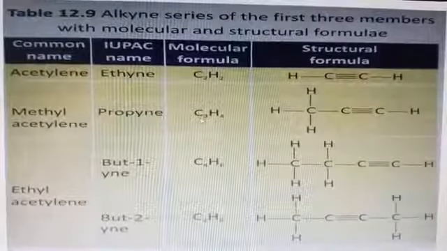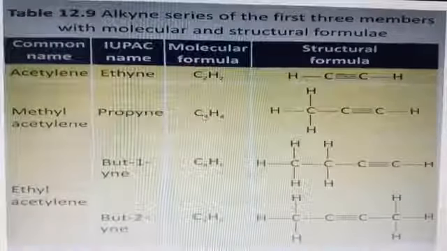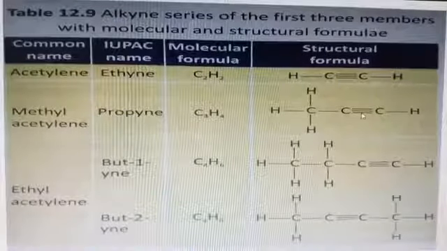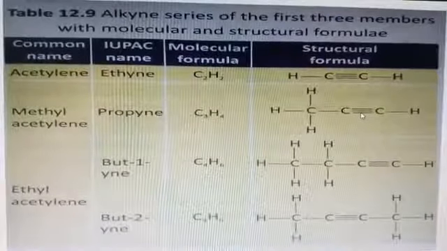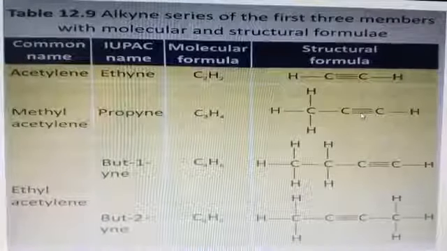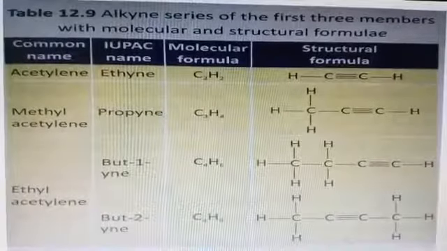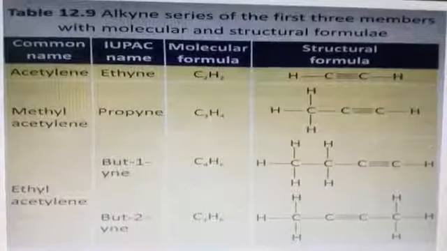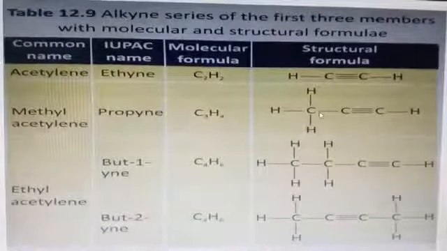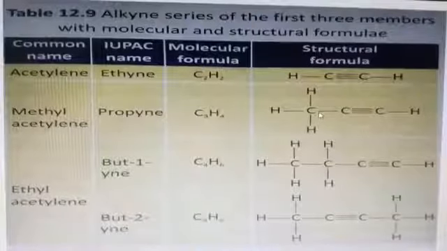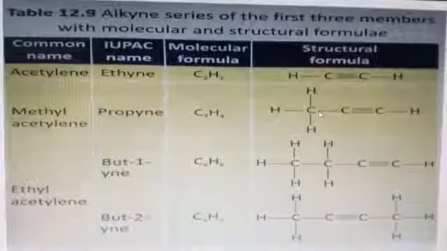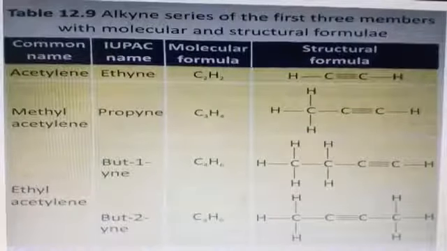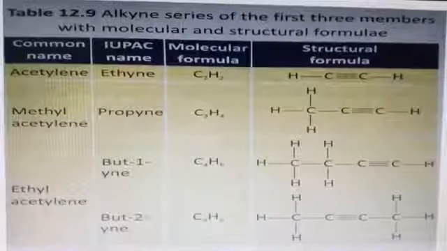If you go with C1, 2, 3, there is at least one triple bond. It doesn't mean that there has to be a triple bond between each and every carbon atom. No, it is not possible. At least there should be a triple bond between 2 carbon atoms, that much only.